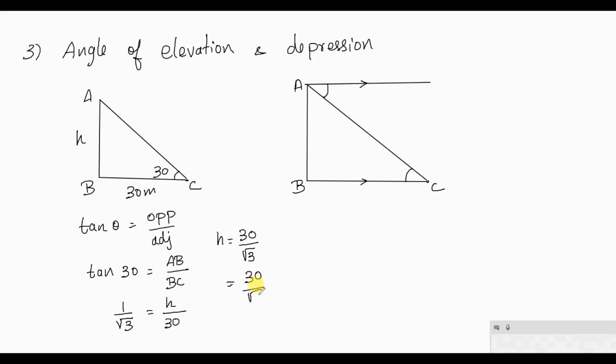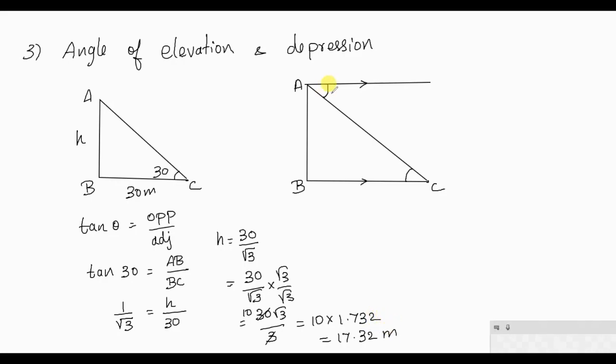So root 3, multiply and divide. When we do this, you will get 30 root 3 divided by 3. Now we can cancel 3 and 30, which will be equal to 10. So 10 into, substitute the root 3 value, 1.732. When we multiply, we will get the answer as 17.32 meter. This is the height of the building.